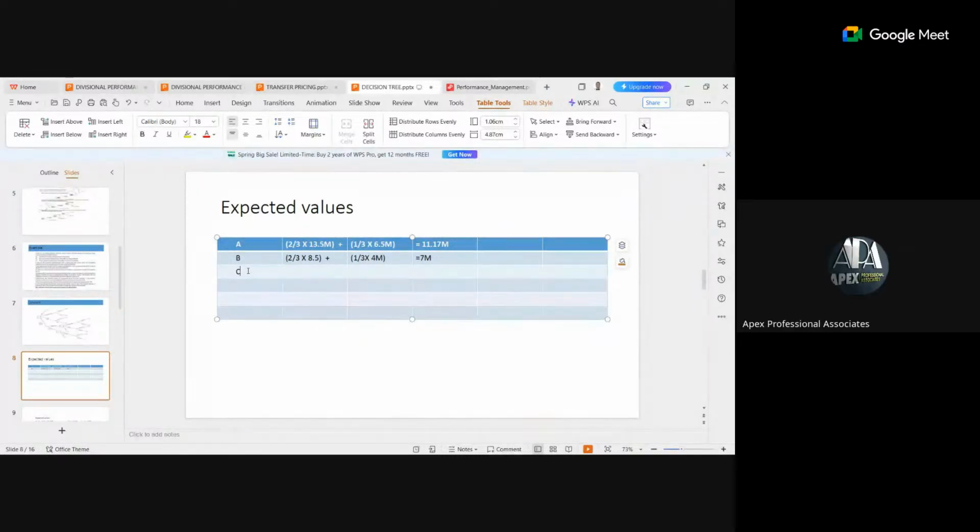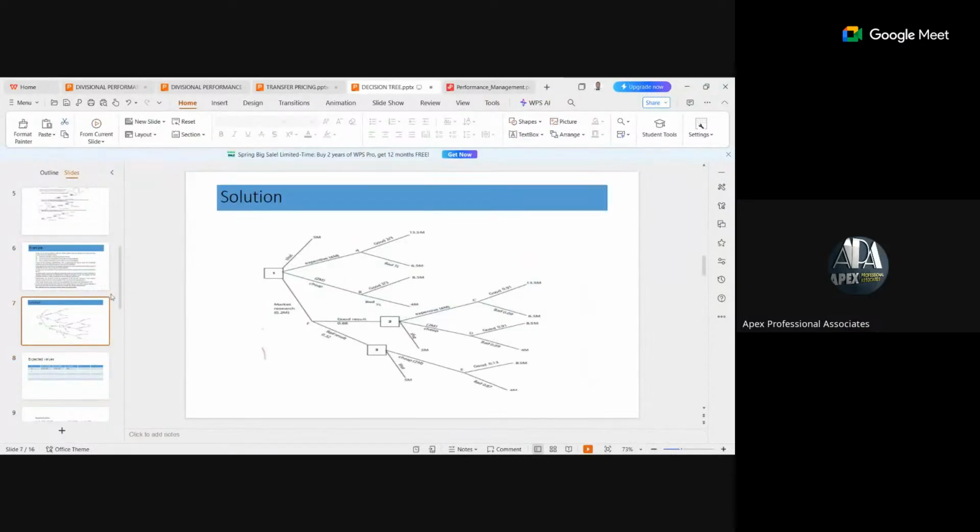At point C, let's see what's happening there. At point C, it will be 0.91 against 13.5 M, 0.09 against 6.5.